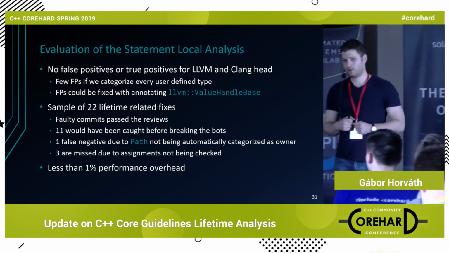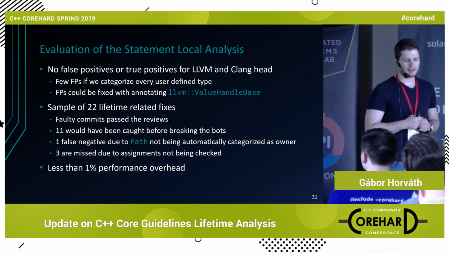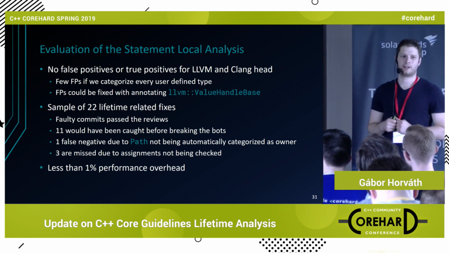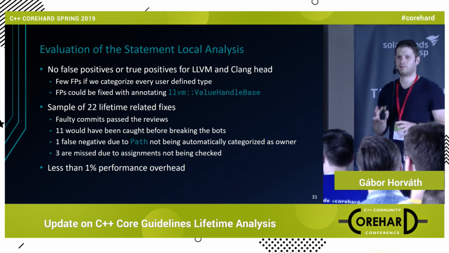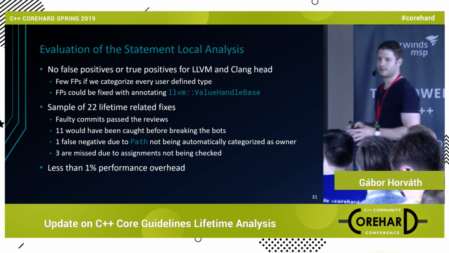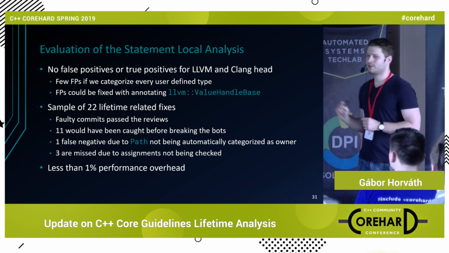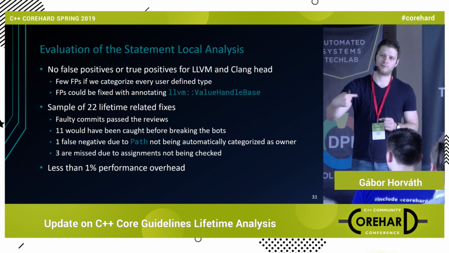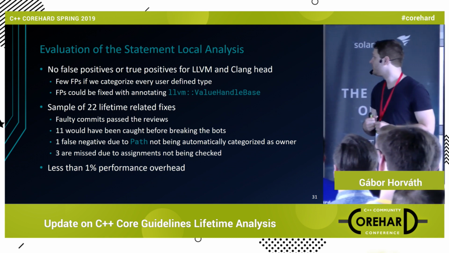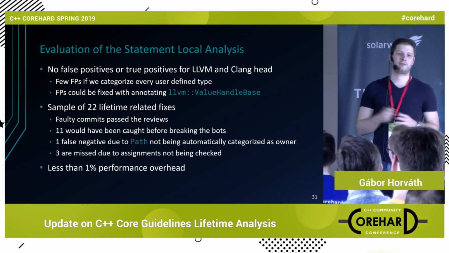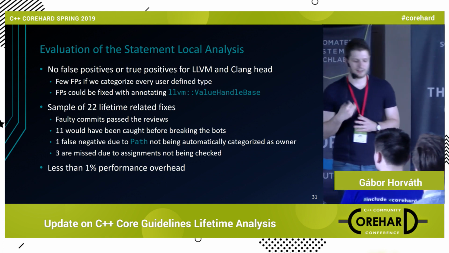So what we did, we looked through the history of LLVM and identified 22 lifetime related fixes, when developers committed some fix to solve a dangling pointer issue or something like that. So the idea was to look at the past fixes and see if these warnings would have prevented the introduction of the original error that was fixed in that specific commit. And it turned out more than half of those problems could actually have been caught by these warnings.